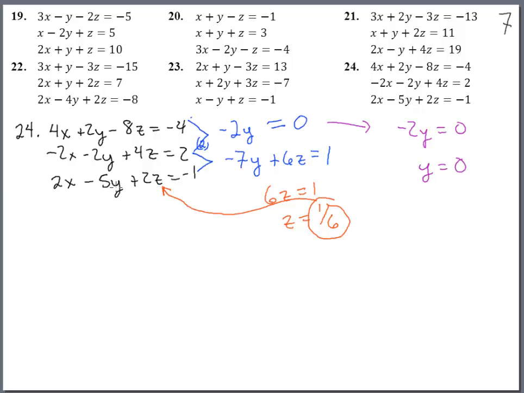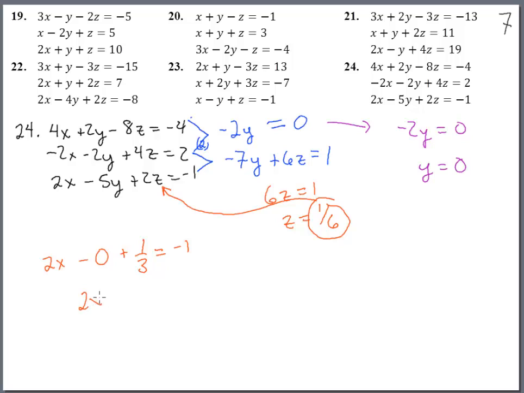Y is 0, and let's get x. So we get 2x minus 0 is gone, plus 2 times 1/6, that's 1/3, equals a negative 1.